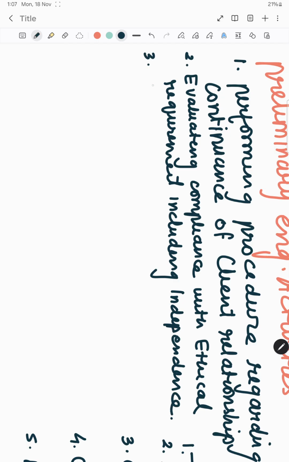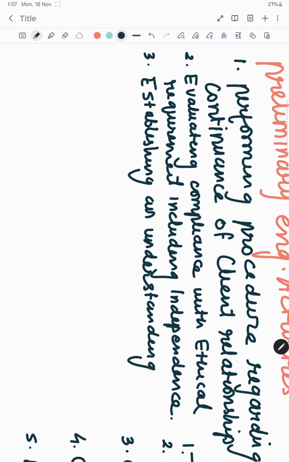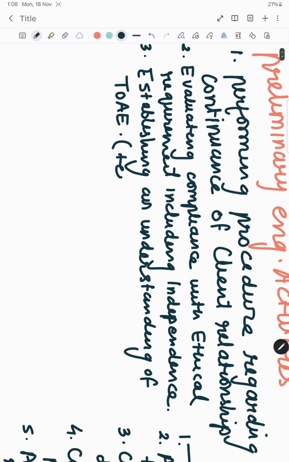Third is establishing an understanding of terms of audit engagement, which is also known as, let me write it, terms of audit engagement.